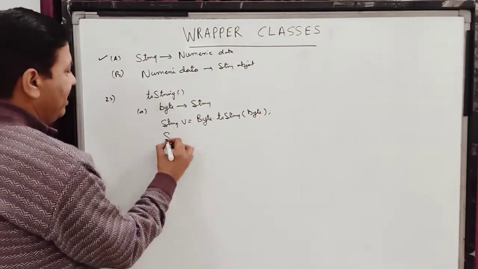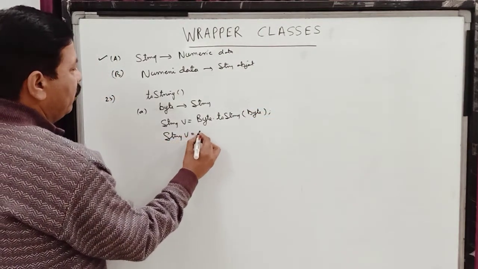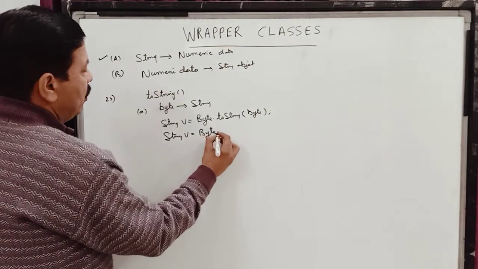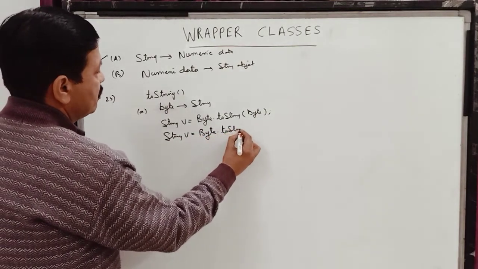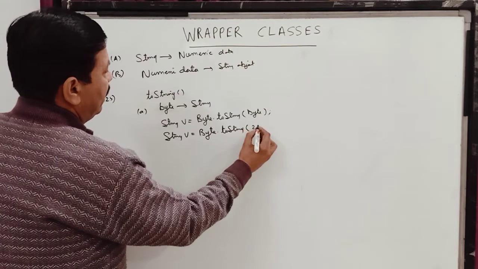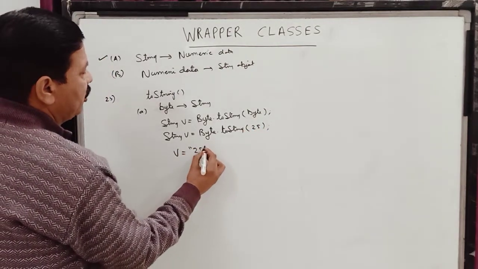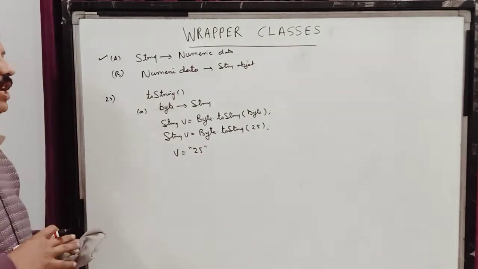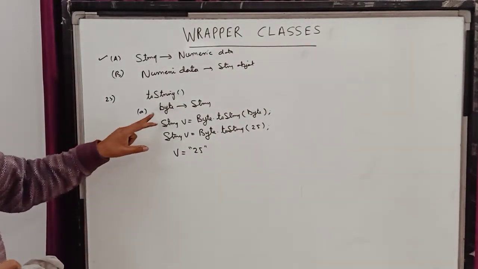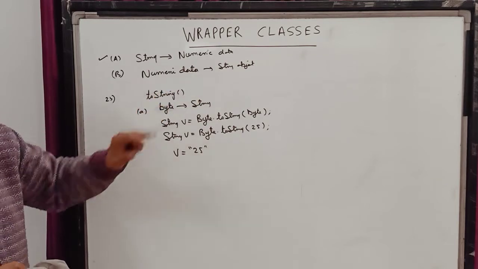Say if I write 25, then this v will store 25, but its nature, its state, will change into an object. So children, I hope byte to string, or numeric data to string, is clear.